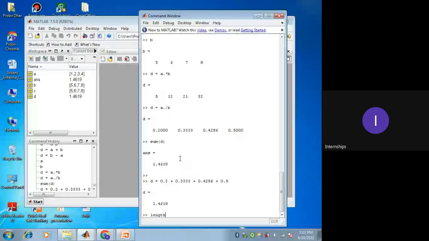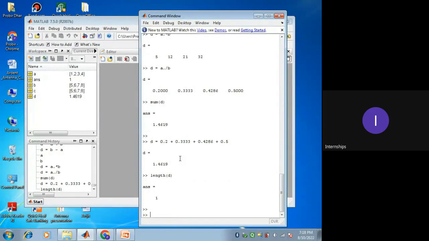Length of D. The length of D is equal to 1 because I have already calculated D equal to this one. That is why it is giving me length of D equal to 1. There is only one single value. But if it was run just after this command, it will give me 4.